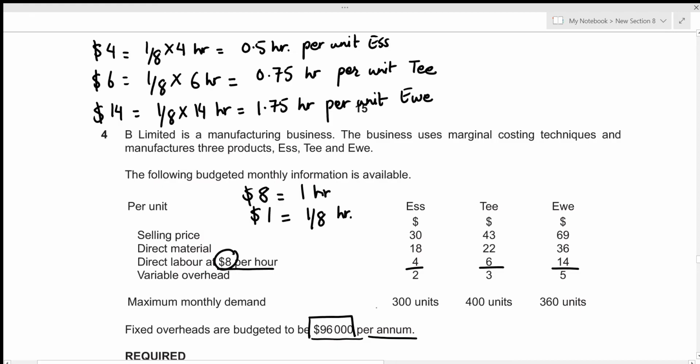So that's going to be 0.5 into 300 for the product S, 0.75 into 400 for product T, 1.75 into 360 units for E. Let's write it down.